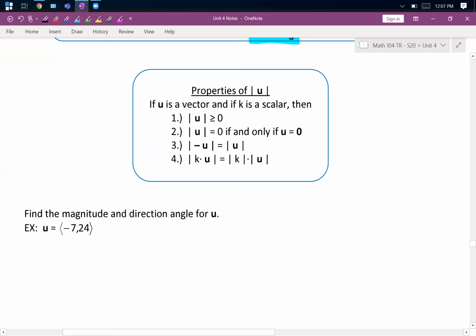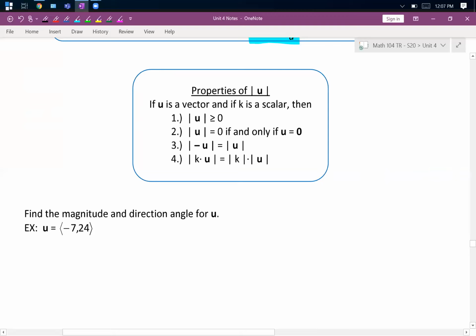The only time the magnitude of a vector is equal to 0 is when that vector itself is the 0 vector. The magnitude of a vector and its opposite vector are the same. I mean, we got that in the definition of opposite vector. Same magnitude, opposite direction.